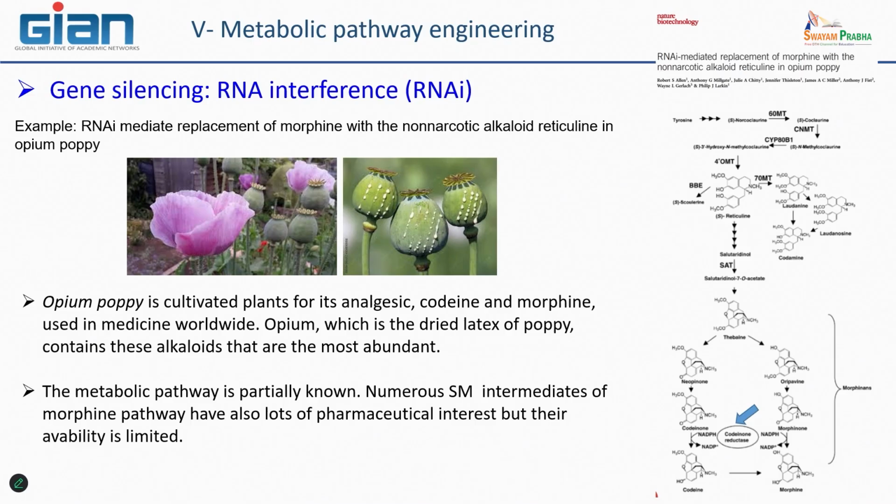In this latex, you can find several well-known molecules, in particular alkaloids, propanalkaloids, in particular morphine. Here is a simple metabolic pathway leading to the production of this molecule, and morphine is here.